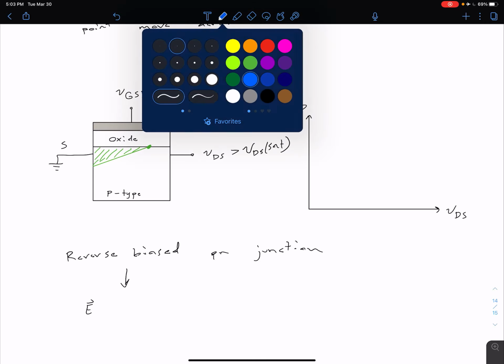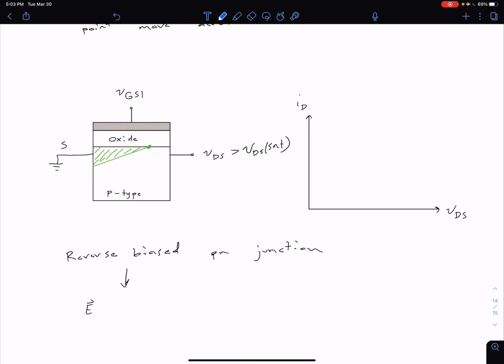So our electric field in this configuration with a P-type substrate, so an N-channel device, is going to be in this direction. And so what that means is, remember, electrons are coming from our source and they're moving this way towards our drain. And once they get to this point, they're swept across this region by that electric field.